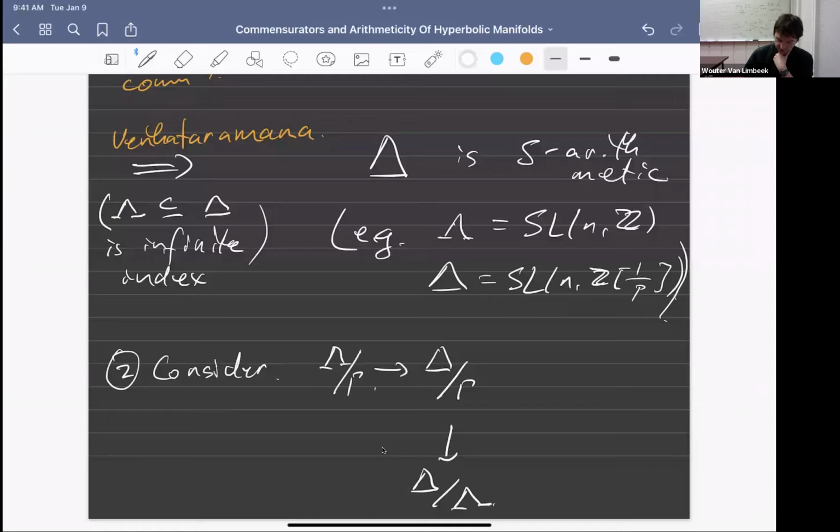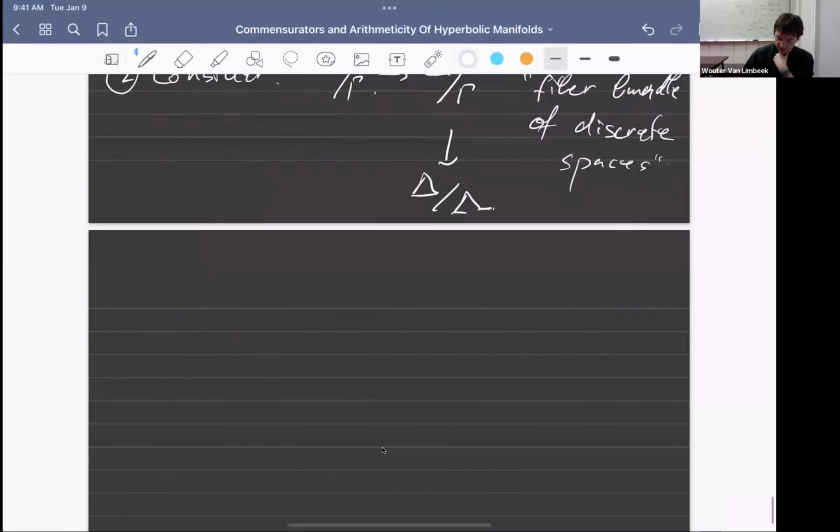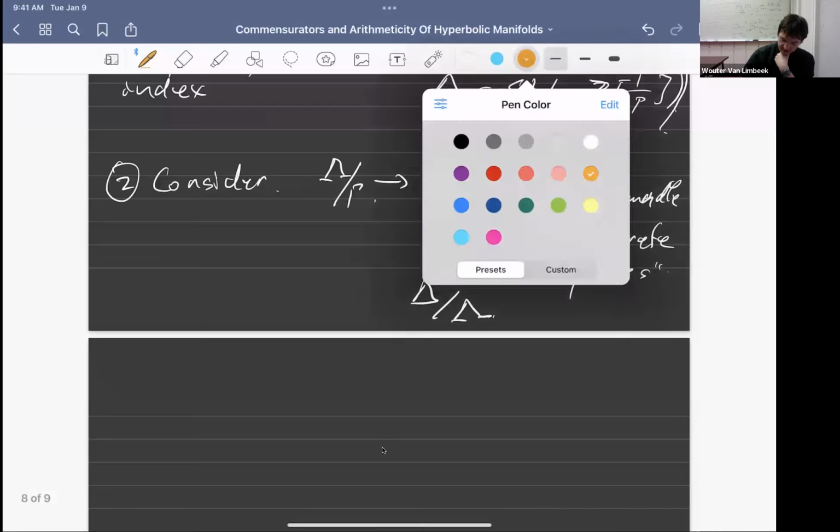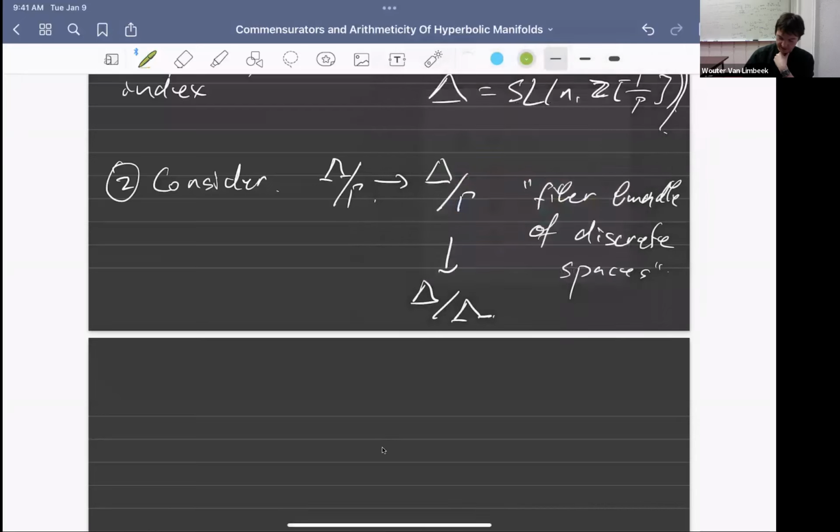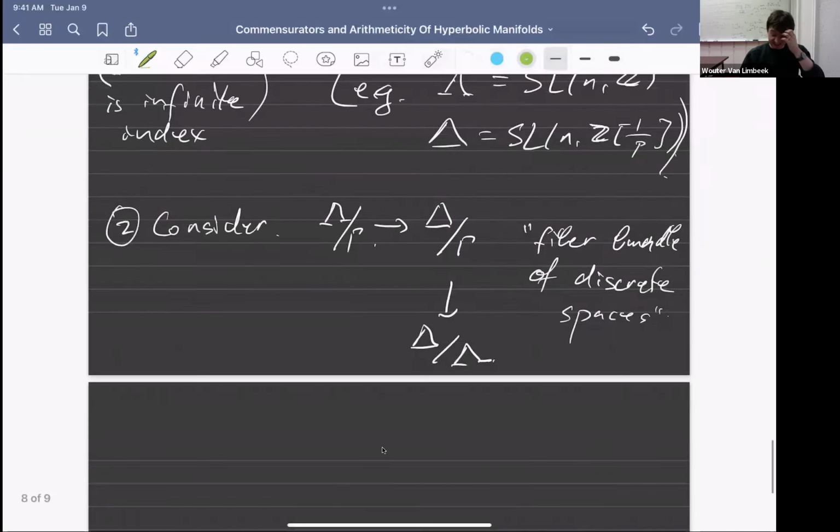This is a kind of fiber bundle, but of discrete sets. I don't know, discrete spaces. But I hate discrete spaces, or I mean, if something is just a set, it's not useful.